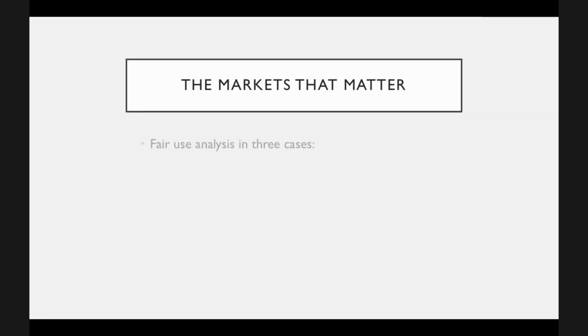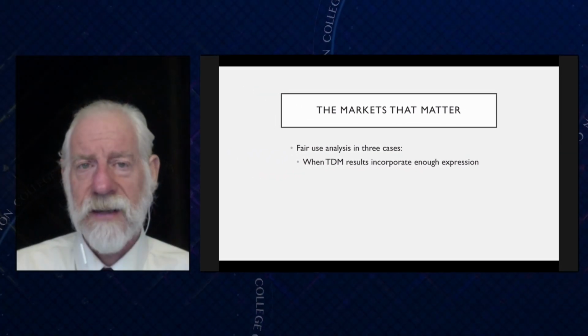All right, let's talk about fair use. So there are three cases where the analysis will change, and I'm going to focus on TDM research on scientific journal articles. The analysis may apply to other sorts of analysis, but I want to be careful. There are some problematic forms of TDM research that I would want to see get a different analysis.